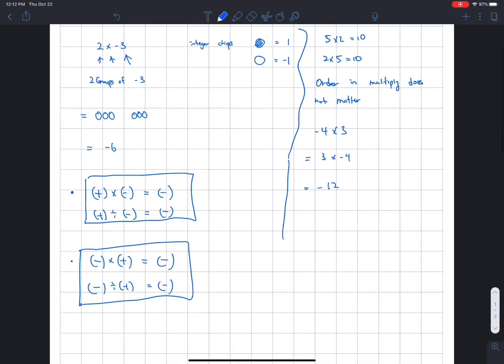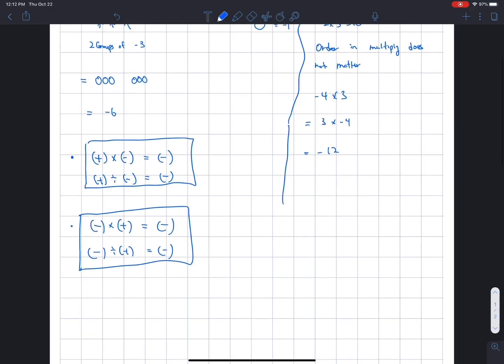Okay, so this is very similar to the rule when the signs are right next to each other. When they have different signs, we are going to get a negative answer.